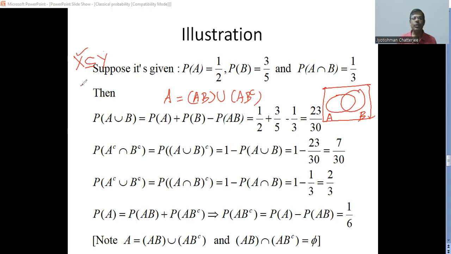And then we show that Y is contained in X by taking any element here and showing that to be part of X. Once we establish both these containments, then it follows automatically that set X is same as set Y.